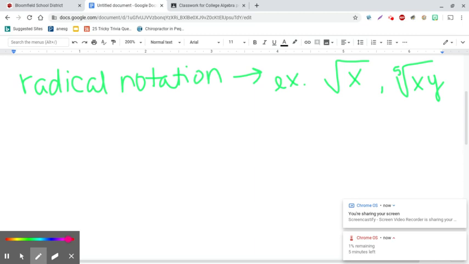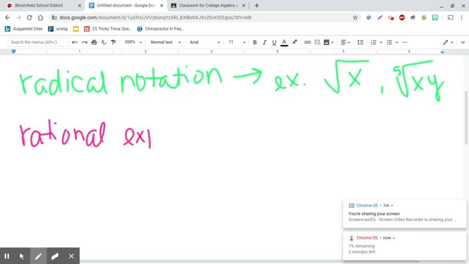Second thing we have is rational exponents. Okay? A rational exponent means that you have something to a power that is a fraction.